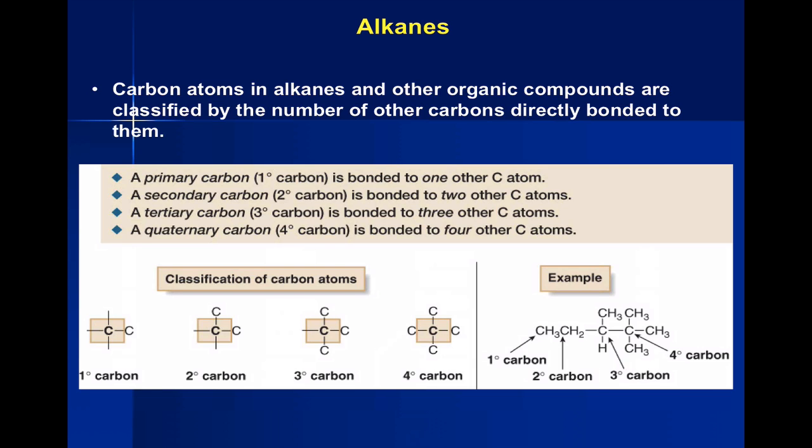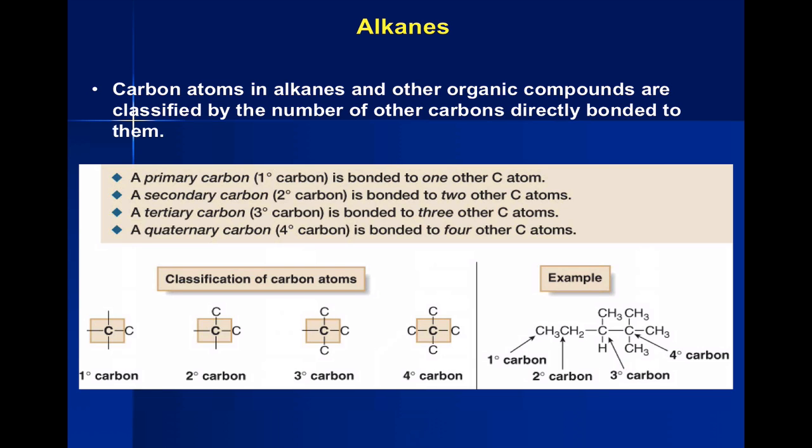You will need to be able to identify by sight the different types of carbon within an organic molecule. And this will become extremely important when we get to start talking about reactions. So when we start talking about substitution reactions, they work really well on primary carbons, but they stink at tertiary carbons. And if you can't identify the different types of carbon, that's going to cause you a problem.